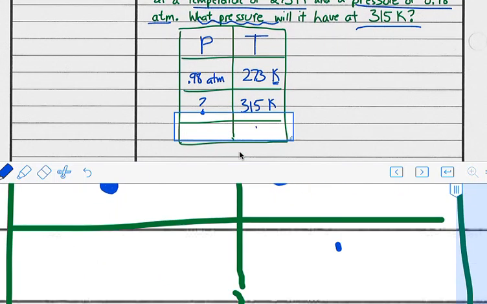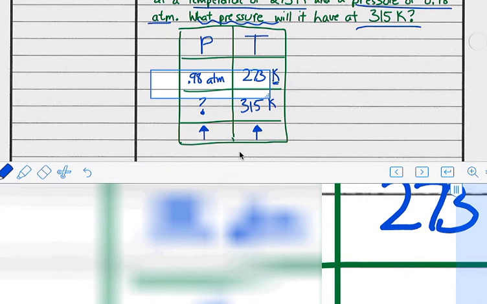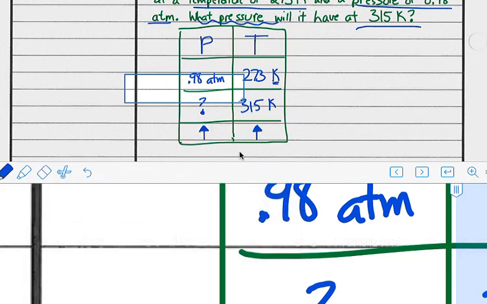Okay, so my temperature looks like it's going up, 273 to 315, which means my pressure has to go up. 273 is 0 degrees Celsius, and 315, what is that in Celsius? 315 minus 273, so it's going up to 42. So if I had left this in Celsius, I would have ended up with a 0 there, and that wouldn't help me at all, because I can't get from 0 to something else by multiplying or dividing.